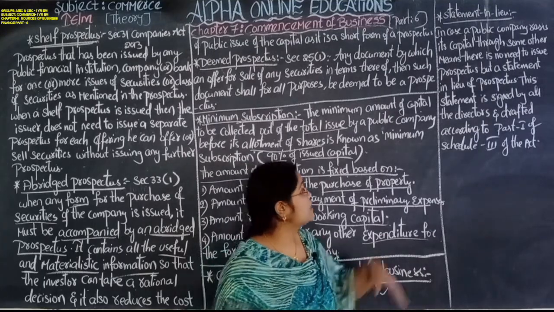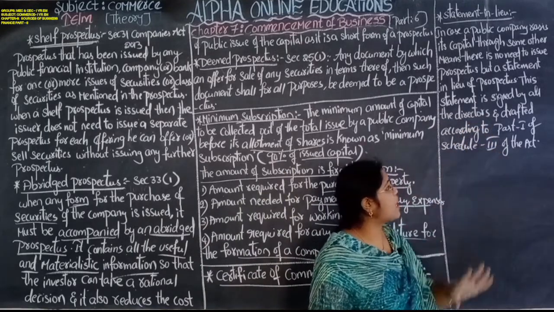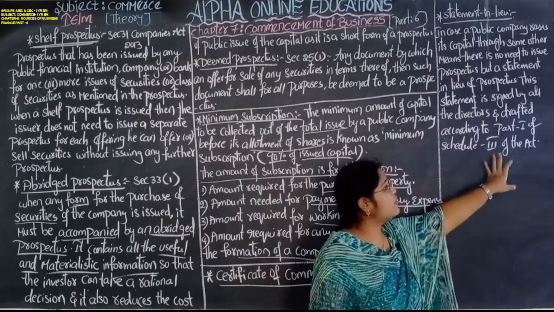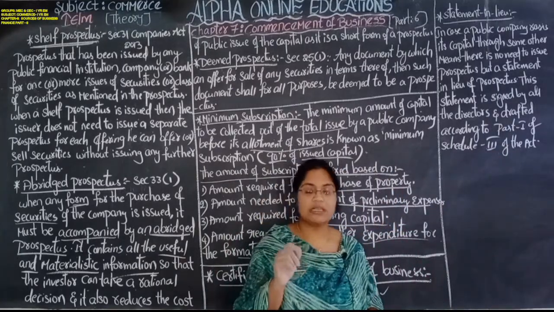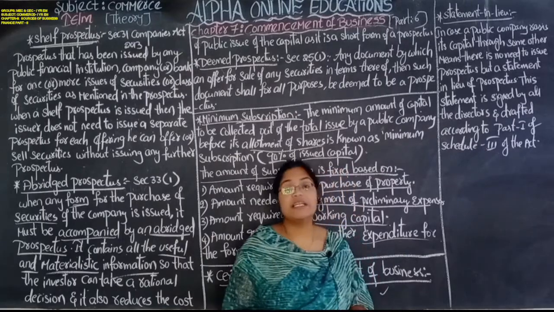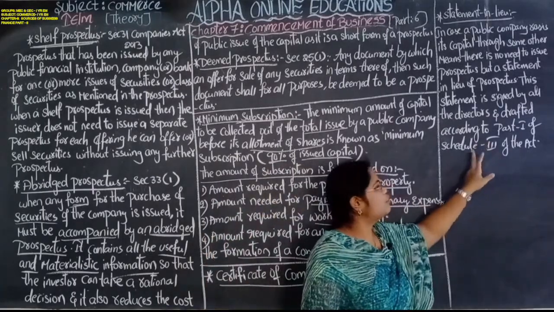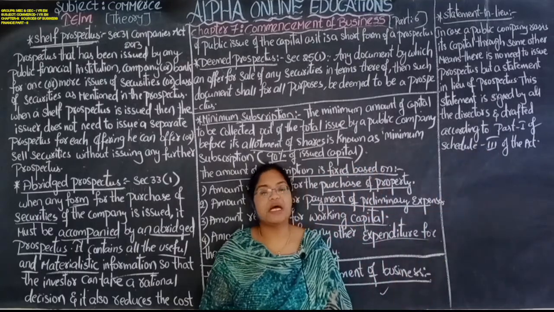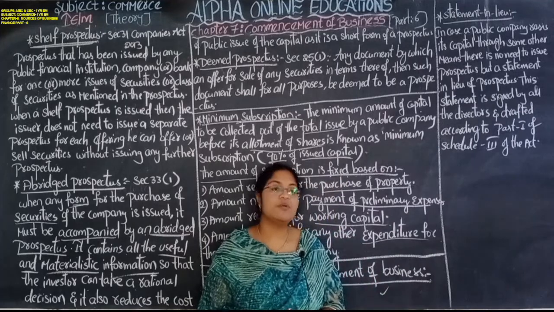Okay, so this statement is signed by the directors and drafted according to part 1 of schedule 3 of the Act. So this document has to be signed by all the directors, and it is drafted, means prepared, according to part 1 of schedule 3 of the Act. According to that particular Act, this statement in lieu is prepared.